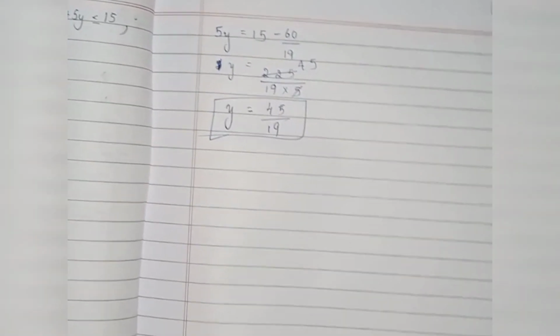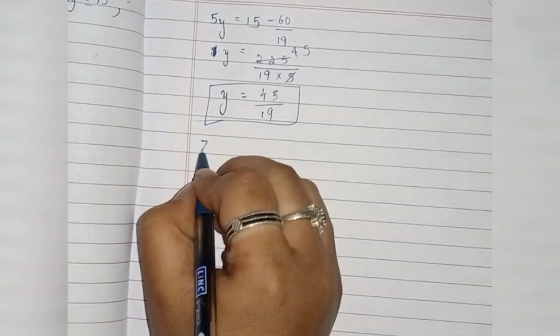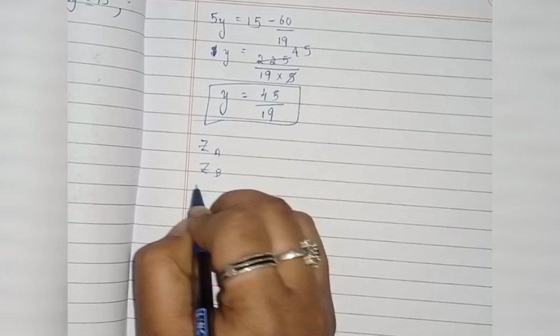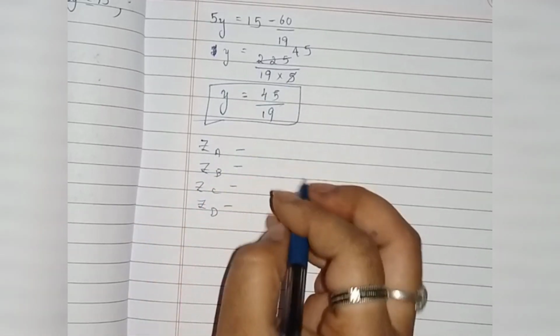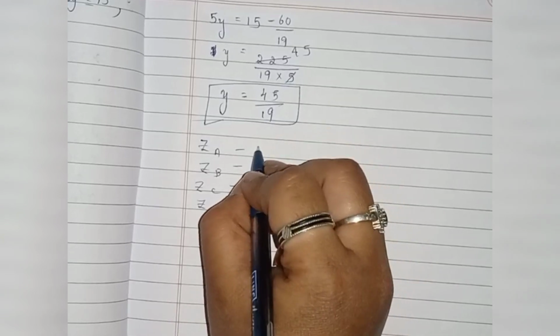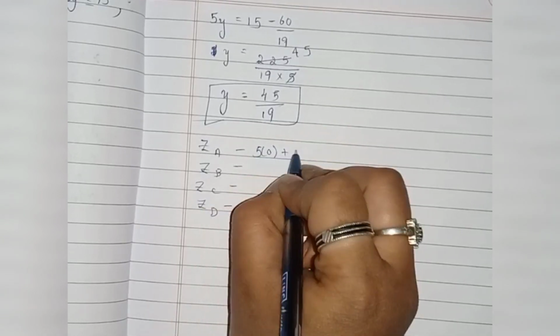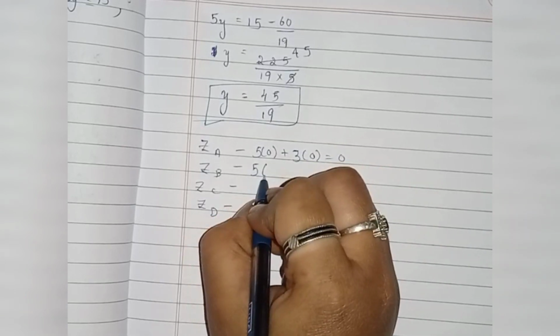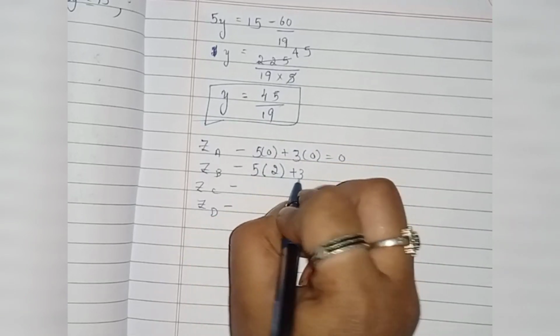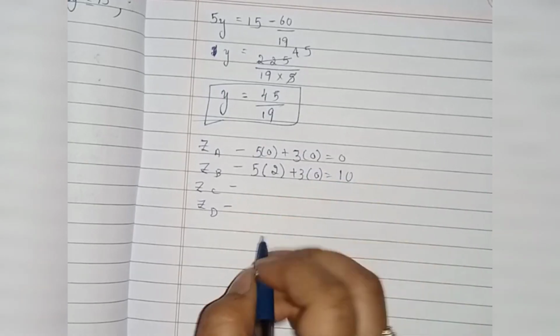Next, we have got 4 points: ZA, ZB, ZC, ZD. At the point A, it is (0, 0), so the answer we are going to get is 0 only. At the point B, it is (2, 0), so the answer is 10.